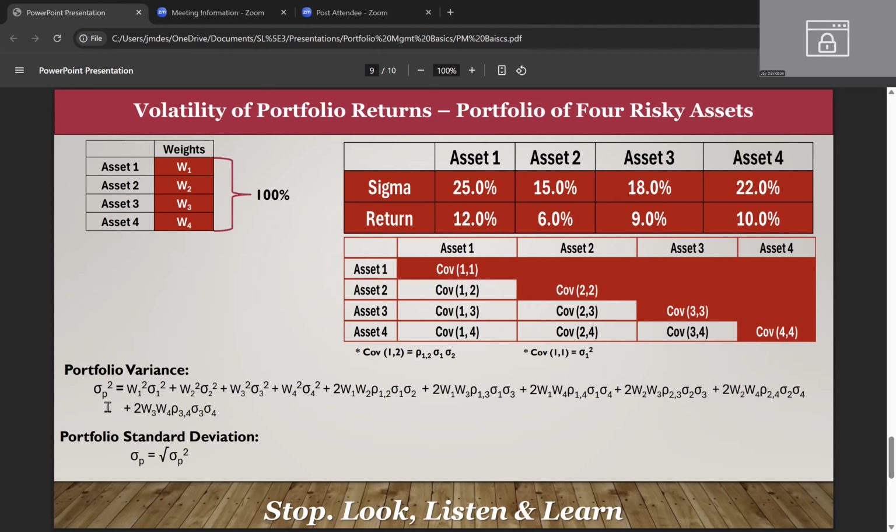And once you get the variance of the portfolio, you get the volatility or the standard deviation of the portfolio by simply taking the square root of the variance. And that will tell you what the volatility of the returns are.